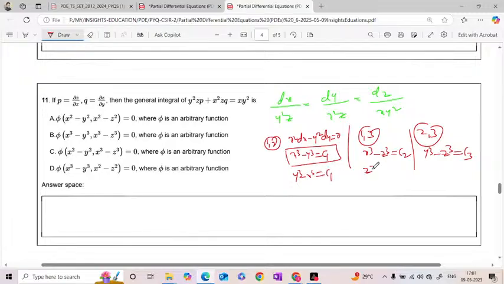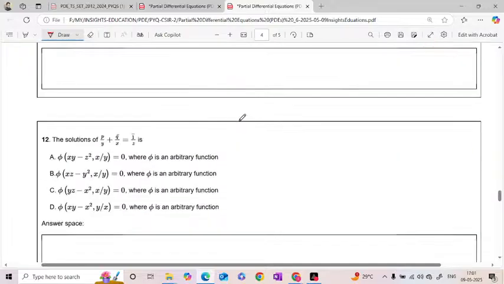Here z cube minus x cube is equal to constant, or here z cube minus y cube is equal to constant. Option C cancel, option D cancel, option A cancel, so option B is the correct one.